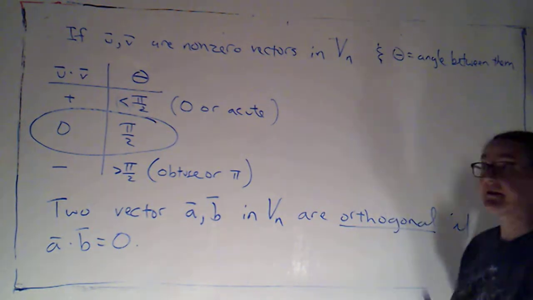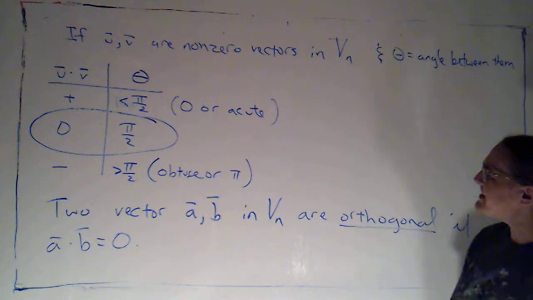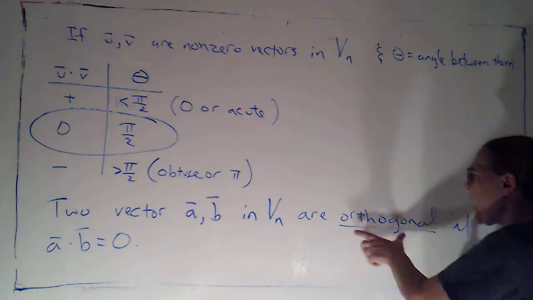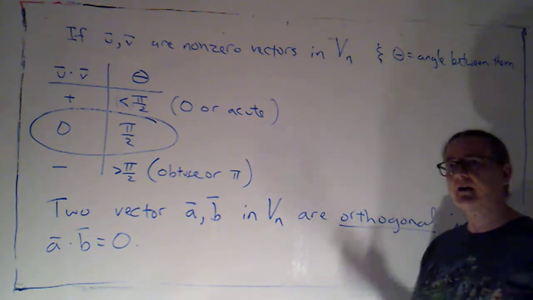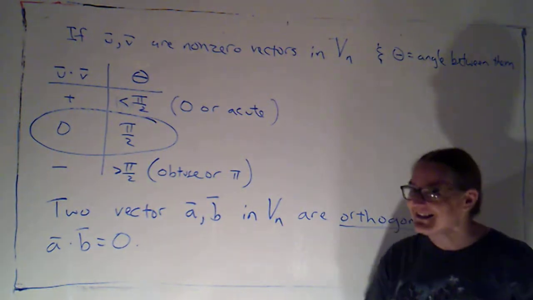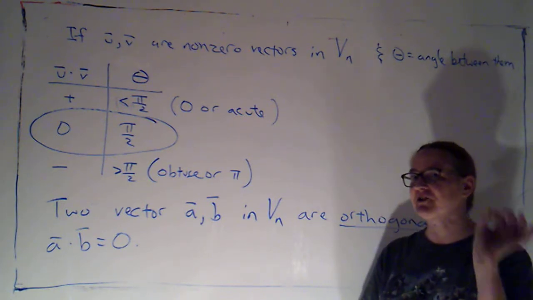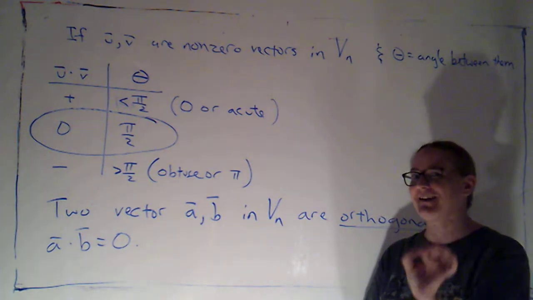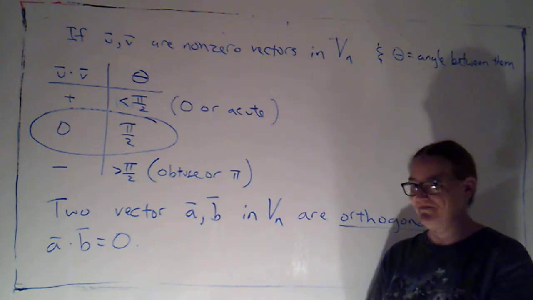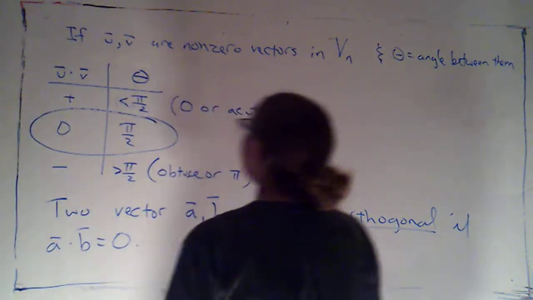And that gives us that 0 is orthogonal to everything, even though it's not perpendicular to anything. We'll see a little bit later on in the class why that's a good choice here. For right now, it's just a definition. So be careful. Orthogonal often means that two vectors are perpendicular, but only if they're non-zero. If I have the 0 vector, it is orthogonal to everything, perpendicular to nothing. So they're not synonyms.